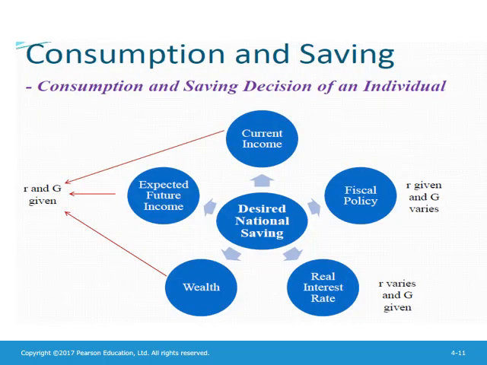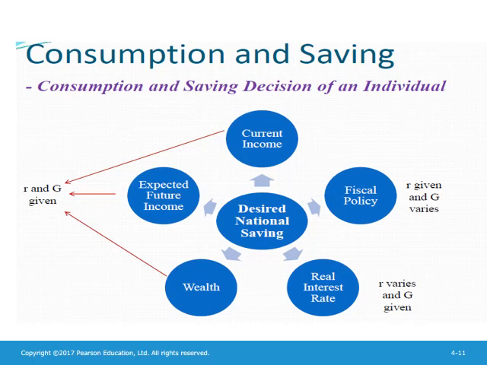We will discuss then the various factors that determine or affect consumption and saving decisions on the individual level and consequently on the national level, starting with the effect of the change in current income and the change in expected future income and wealth. During the discussion of the first three factors, the real interest rate and the G will be assumed to be given, fixed.